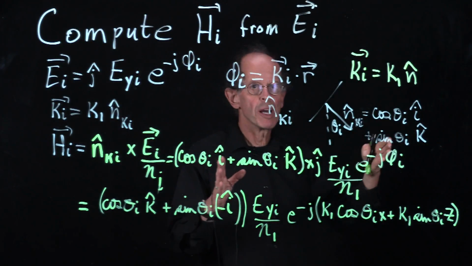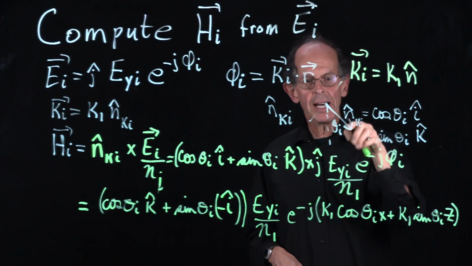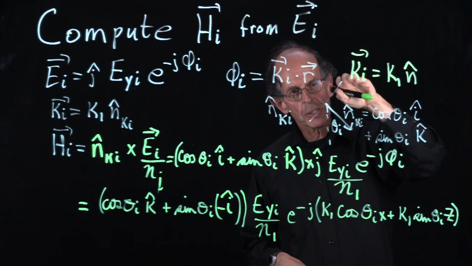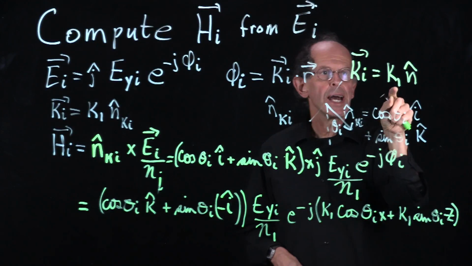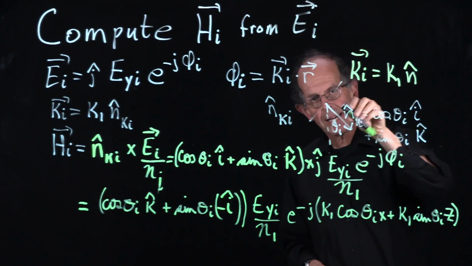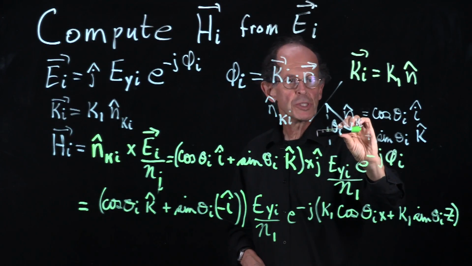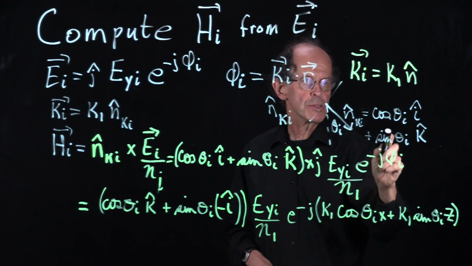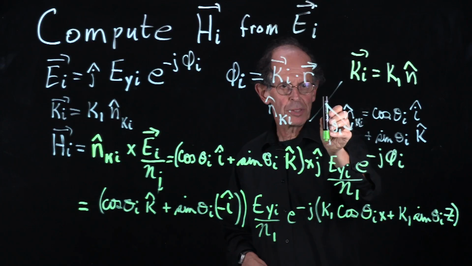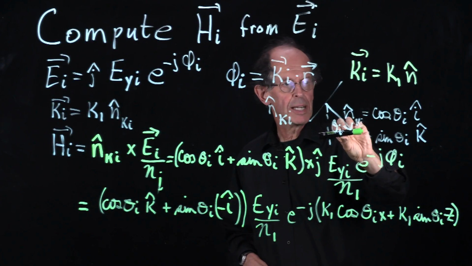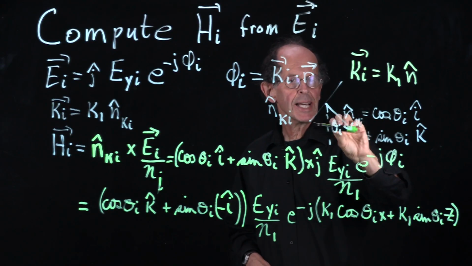So let's look at the geometry for a minute. Ki is in this direction normal to the wavefront, and it's k1 times n hat. N hat is the wavefront normal, and we can see by simple geometry of right-angled triangles that n hat can be resolved into cos theta I hat and sine theta I k hat.